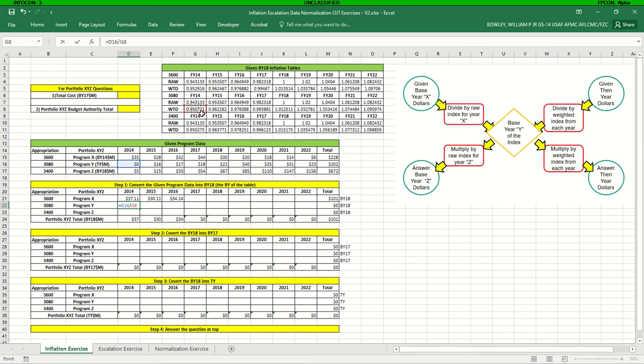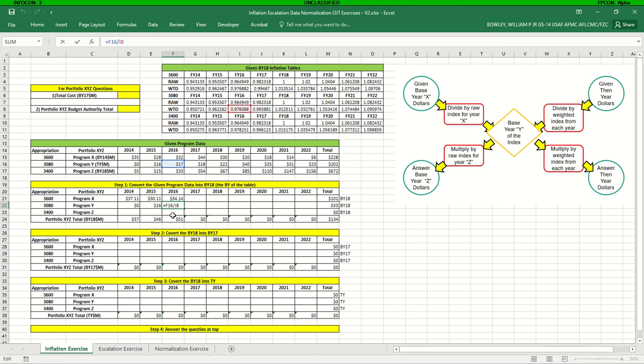Since we want this to take the index for the year in which the dollars appear, we're not going to lock that cell reference. Then when we drag this formula, we'll see that that cell reference has also dragged, so we're still referencing the proper year, FY16, for the FY16 amount.